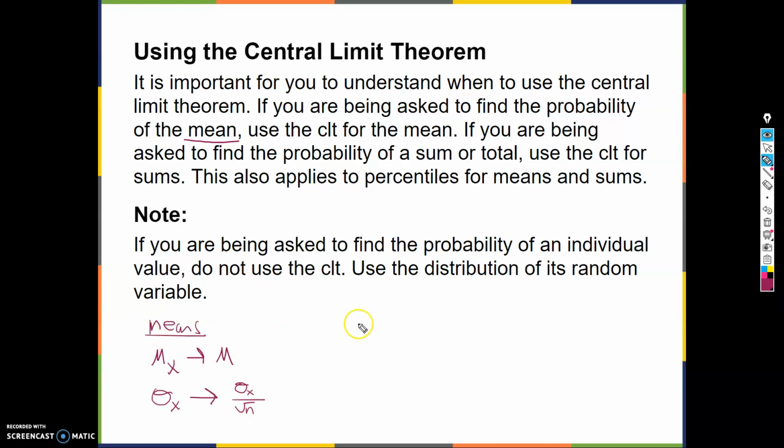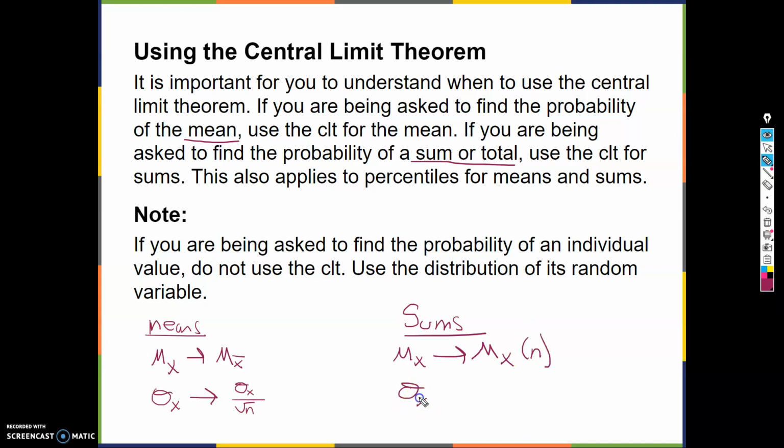Now for sums, if you are being asked to find the probability of a sum or total, use central limit theorem for sums. For sums, the mean goes to mu of x times n, right?